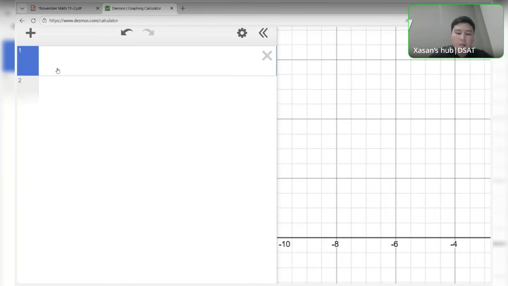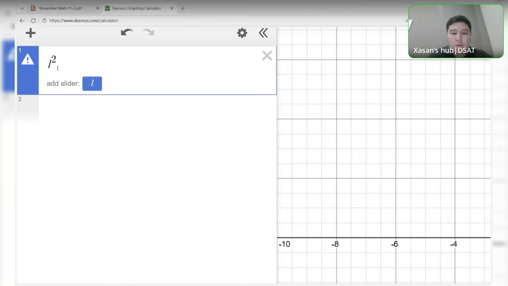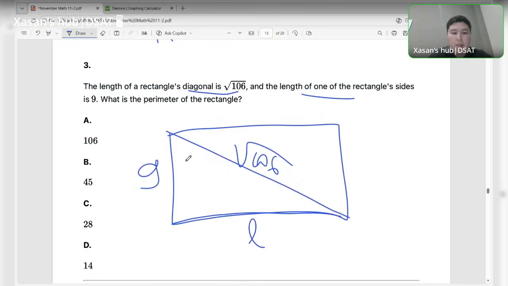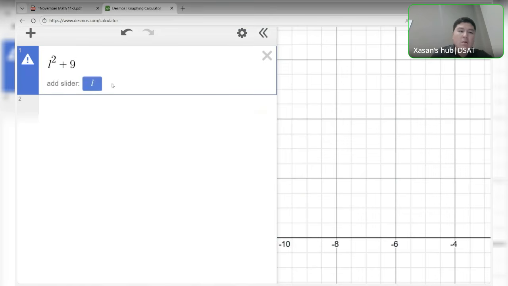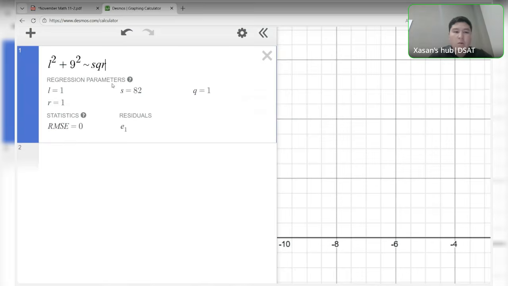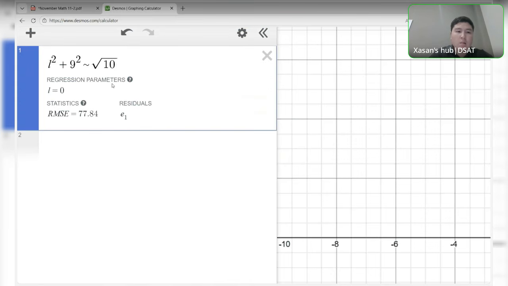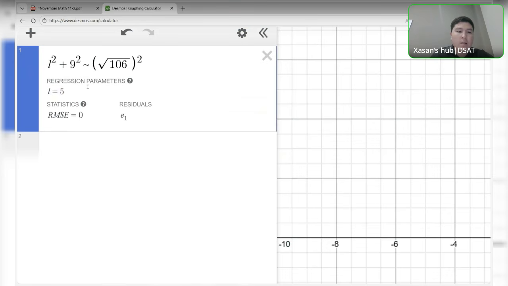Now guys, the length. By the way, here we're going to use the Pythagorean theorem because it is a 90 degree angle, with one side 9 and you've got the hypotenuse. So length squared plus 9 squared equals the square root of 106 squared. And the length is 5.